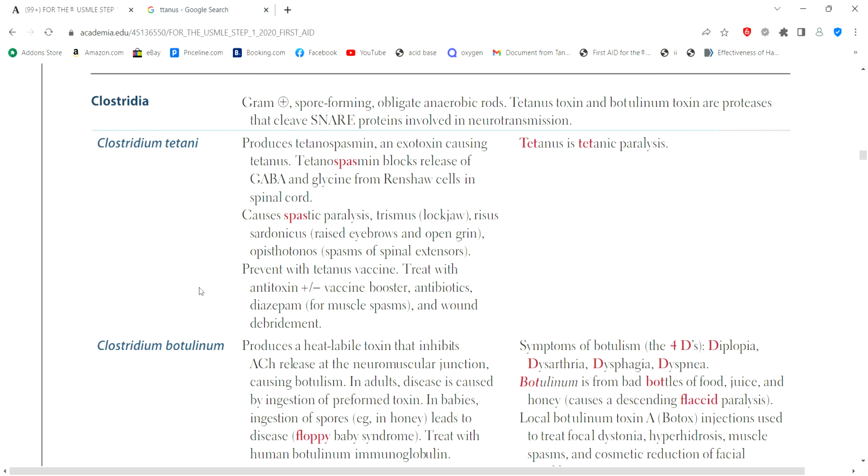You can prevent this with the tetanus vaccine. You can prevent this with a tetanus vaccine. You can treat this with an antitoxin, with or without a vaccine booster, antibiotics, or diazepam for muscle spasm, and wound debridement.